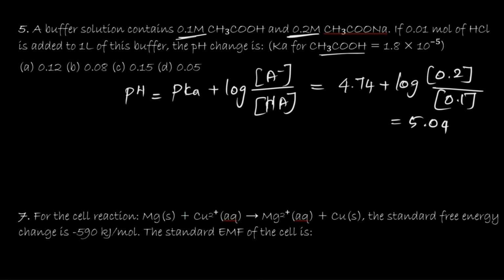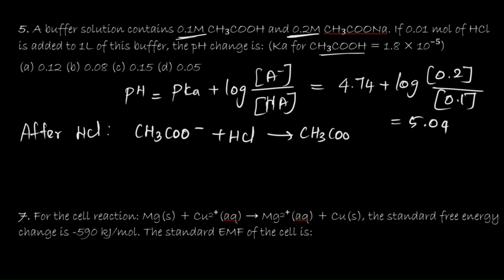After adding HCl, the reaction will happen like CH3COO minus plus HCl will give you acetic acid plus Cl minus, right?